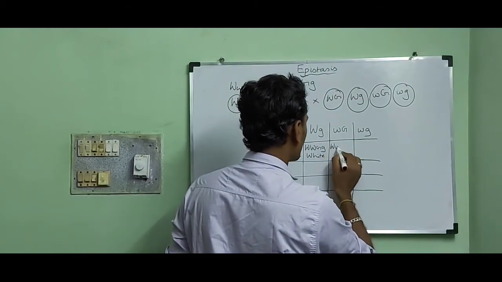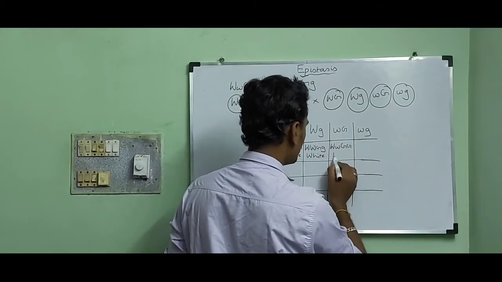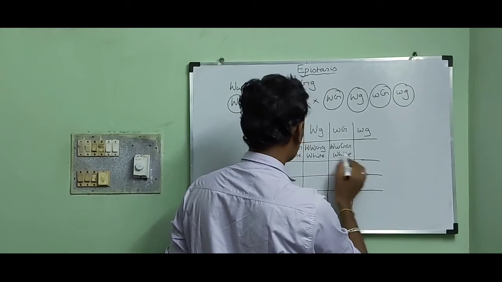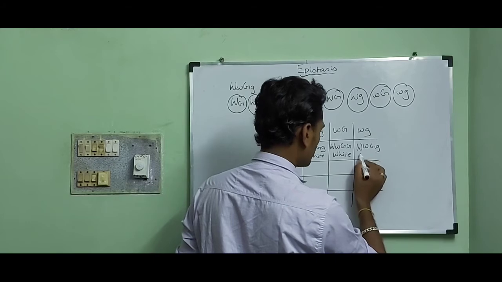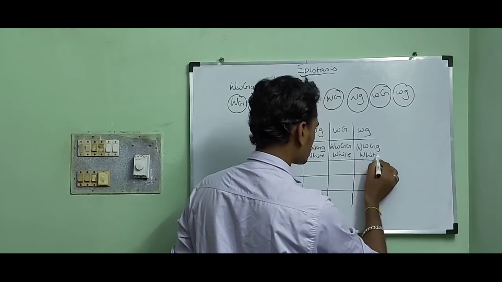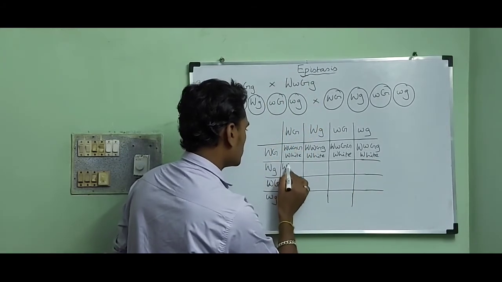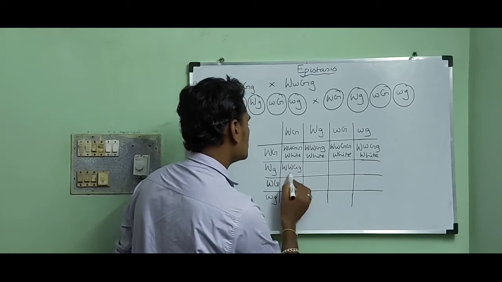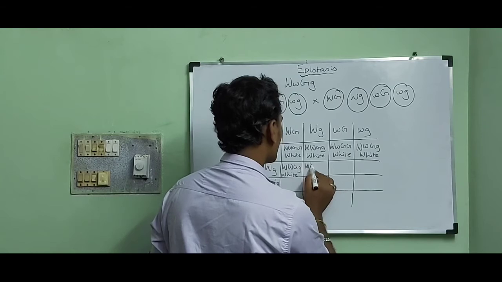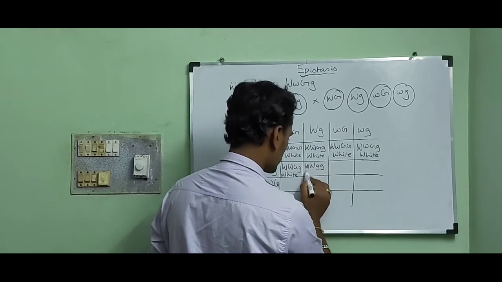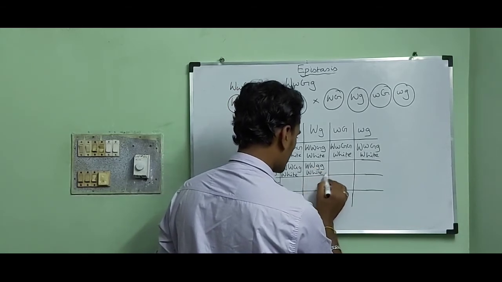Capital W, small w, capital G, fruit color is white. Capital W, small w, capital G, small g, fruit color is white. Capital W, capital G, small g, fruit color is white. Capital W, small g, fruit color is white.